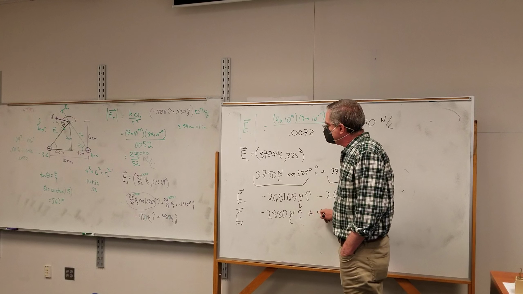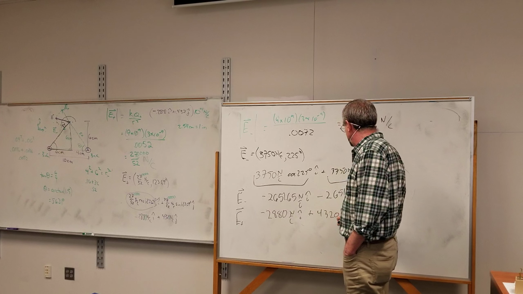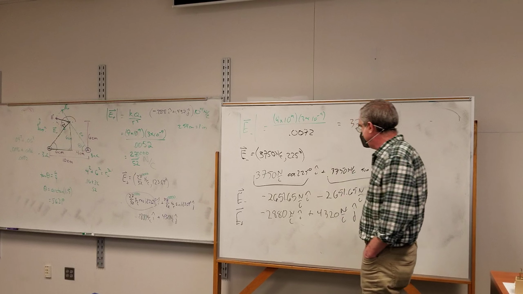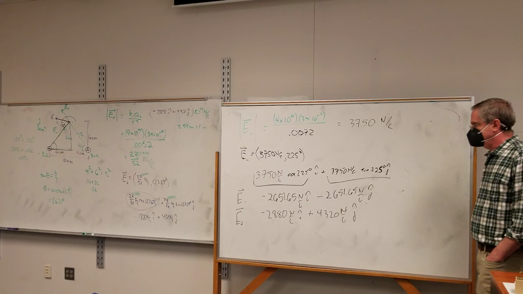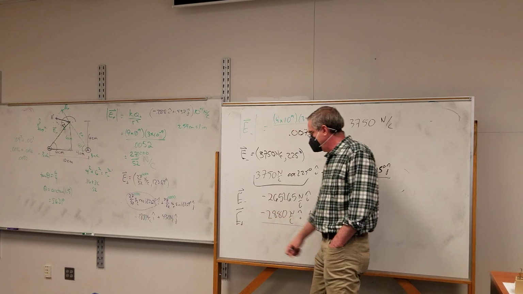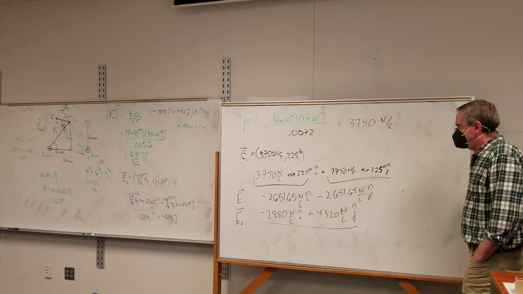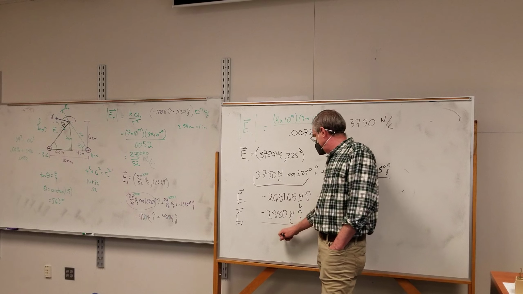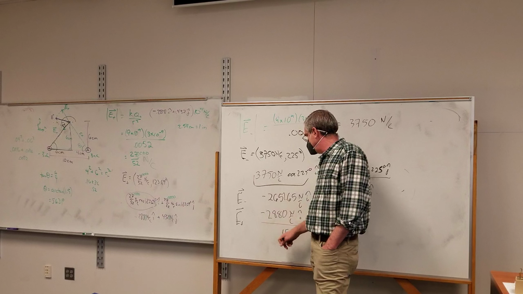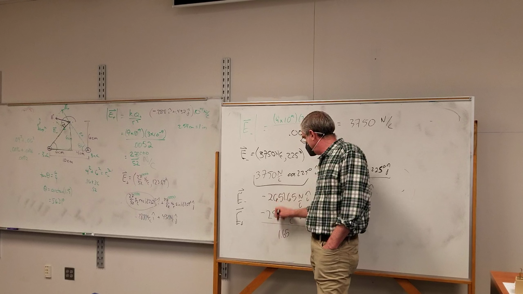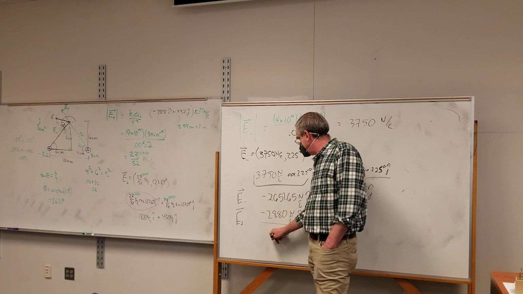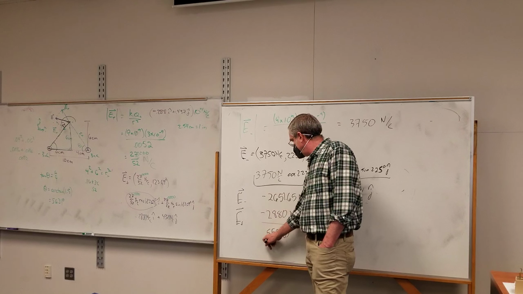Plus 4,320 newtons per coulomb J hat. And so the sum, just add like terms. So 0.65, 1, 3, 5, 5.